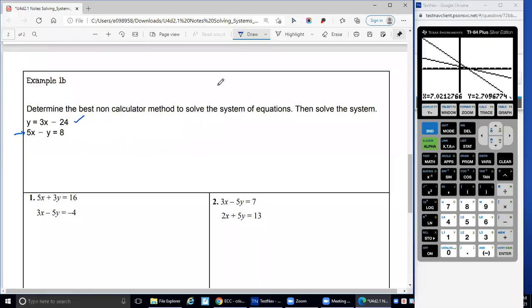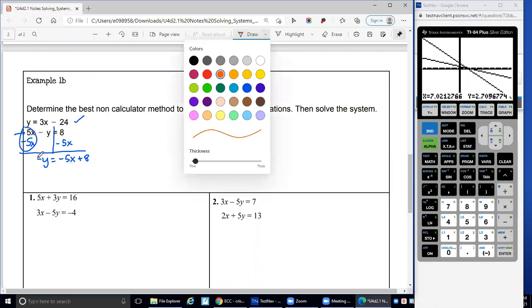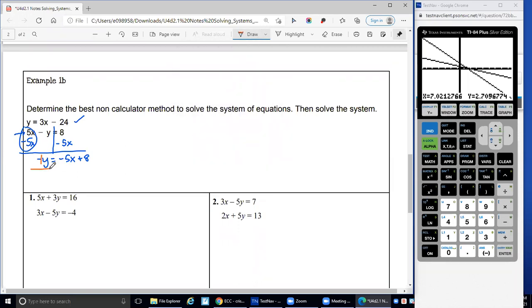Okay, so when we move this, of course, we're going to do the zero pair, because that will zero out. And I'm going to do it on this side right here. So we have negative y equals negative 5x plus 8. Now we're going to divide by the coefficient of y, which is negative 1. So we divide by negative 1, we divide by negative 1, and we divide by negative 1.